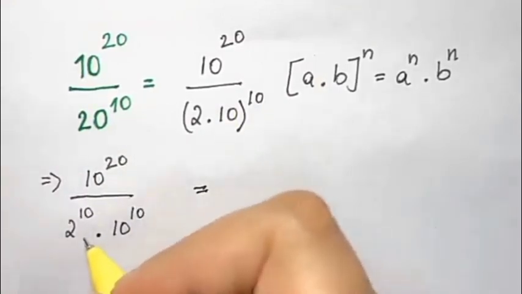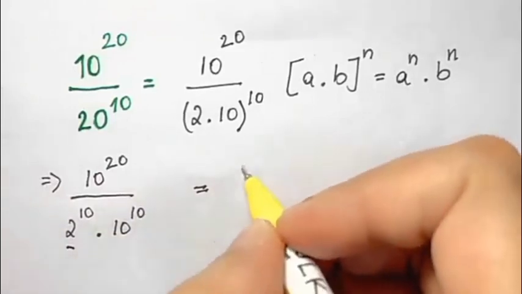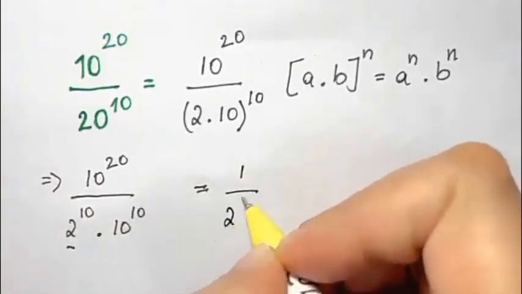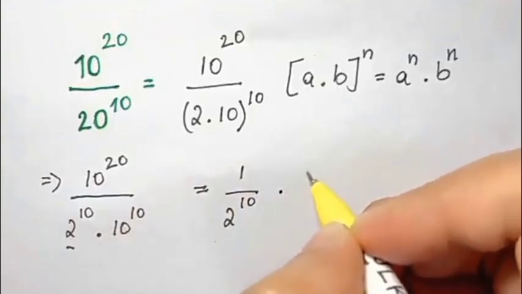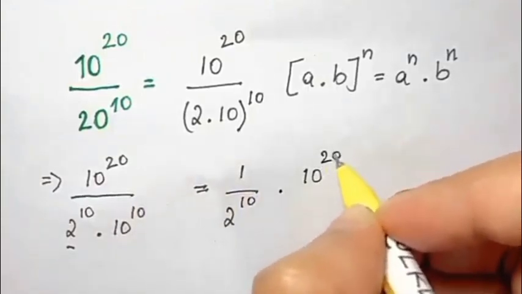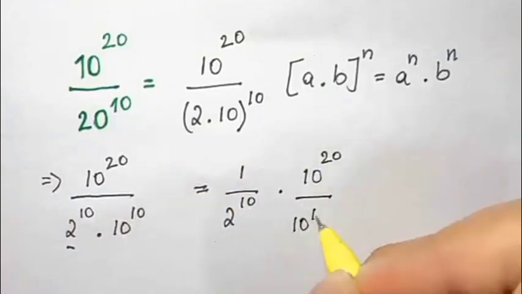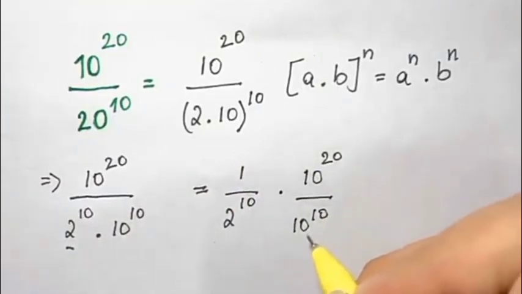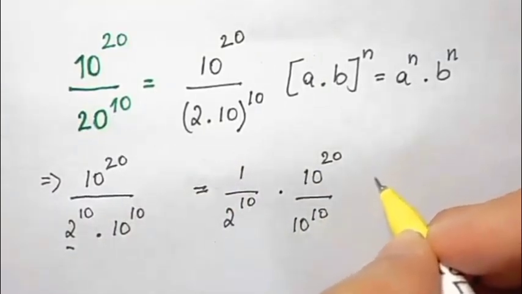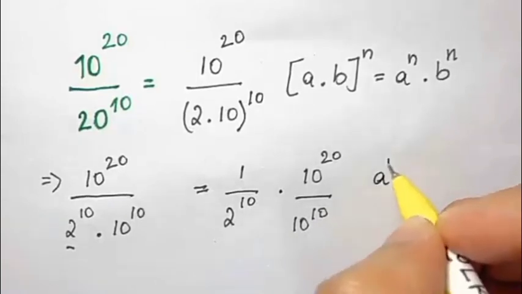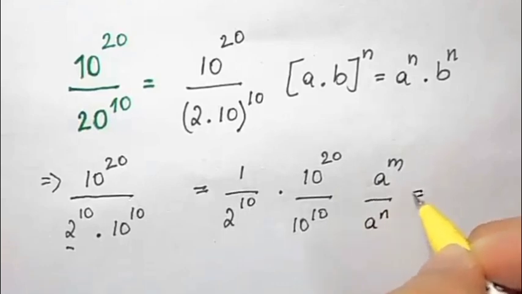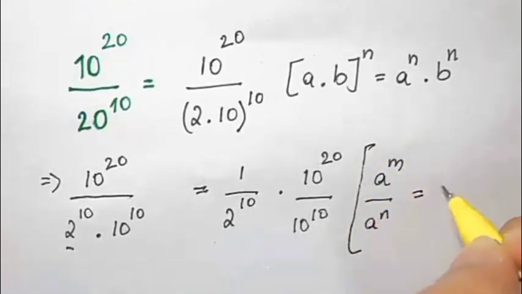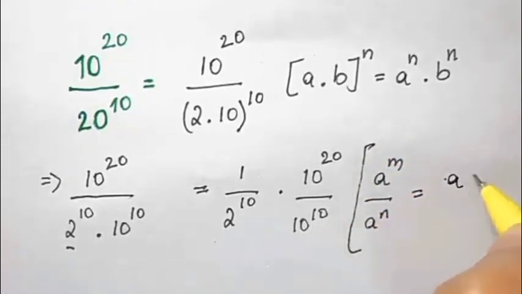Now, this 2 to the power of 10 can be written as 1 over 2 to the power of 10, and we can split this 10 to the power of 20 with this one. So we have 10 to the power of 20 over 10 to the power of 10. Now what can you do? You have to apply this law: whenever you have a to the power of m over a to the power of n, that's equal to a to the power of m minus n.